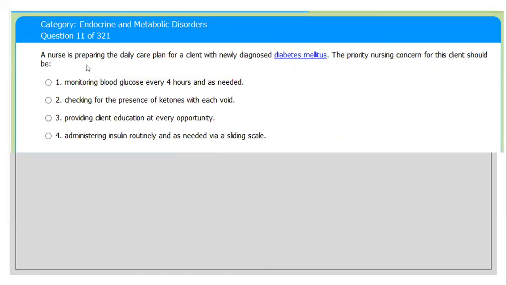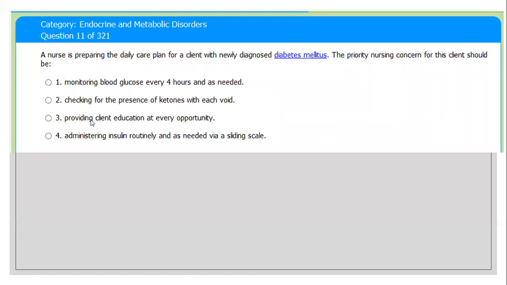Next question here. A nurse is preparing the daily care plan for a client with newly diagnosed diabetes mellitus. The priority nursing concern for this client should be: number 1, monitor blood glucose every 4 hours as needed, or number 2, checking for presence of ketones with each voiding.